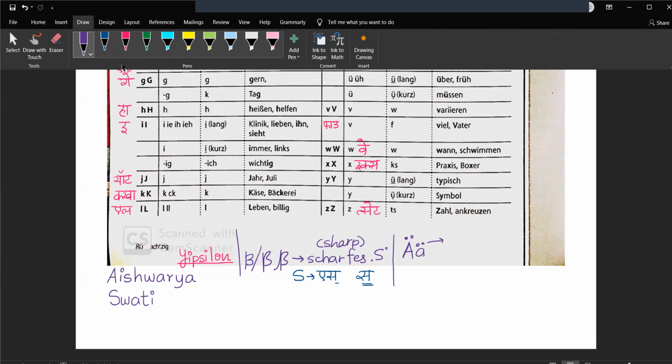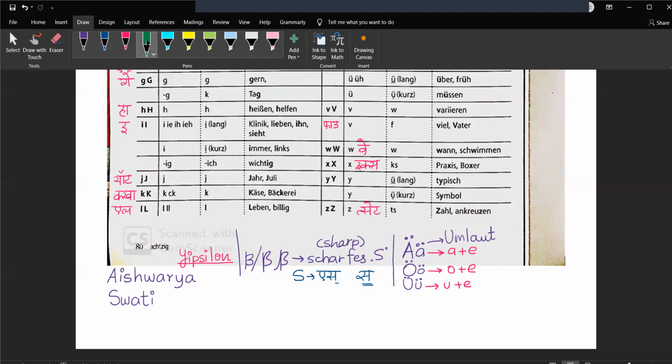These dots are often called umlaut themselves. So we have that for A, O, and U. The way we pronounce these is basically we take the original character, that is A, and we add the E to it. Similarly, it's O plus E and U plus E.